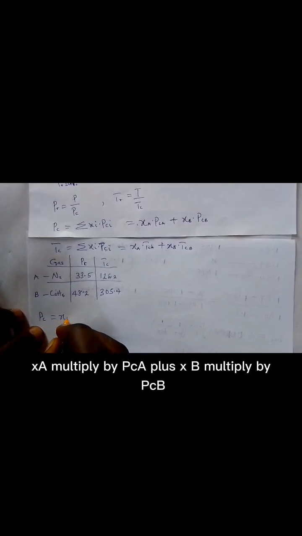Here we have the critical pressure as XA multiplied by PCA plus XB multiplied by PCB. From the question, they say they are an equimolar mixture.